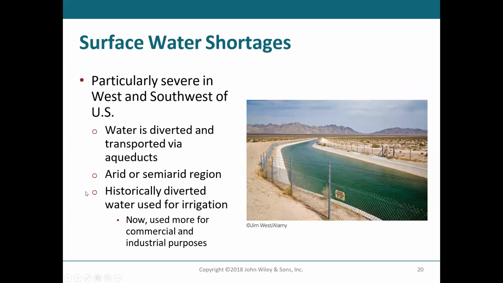One that a lot of people have heard of is the droughts that occur in the West and the Southwest US. Water is constantly being diverted and transported via aqueducts. This area is arid, semi-arid, and historically, because of that Mediterranean-like weather, a lot of the water that has been diverted is used for irrigation, particularly agriculture.